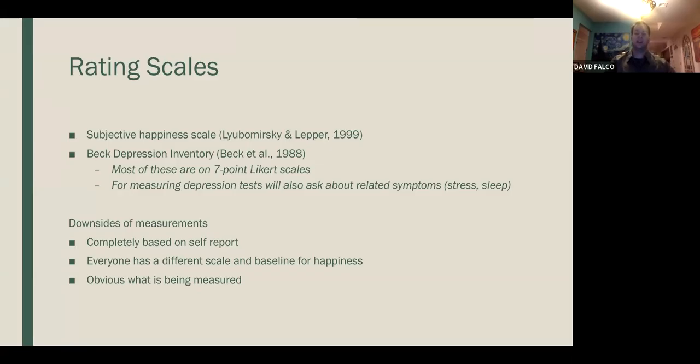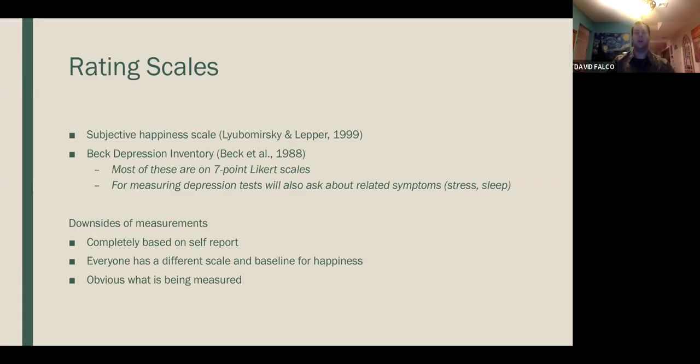Another problem is everyone's going to have a different baseline for how happy they are. If you have someone rate their happiness on a 1 to 7 scale, for some people 3 is going to be average, or they're going to view 3 as average. For others, they may view 5 or 6 as average. And there's no real way of fully understanding how much their own bias on their baseline levels is affecting what their rating is.